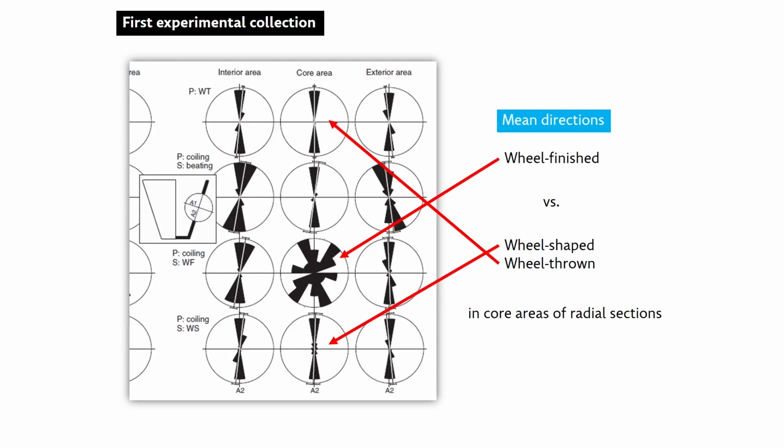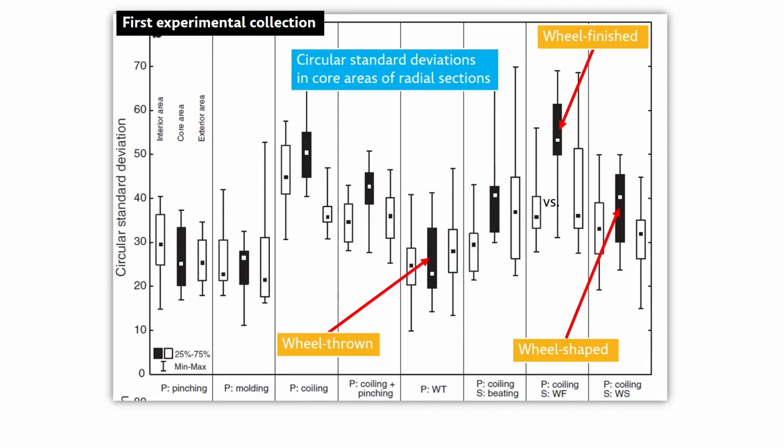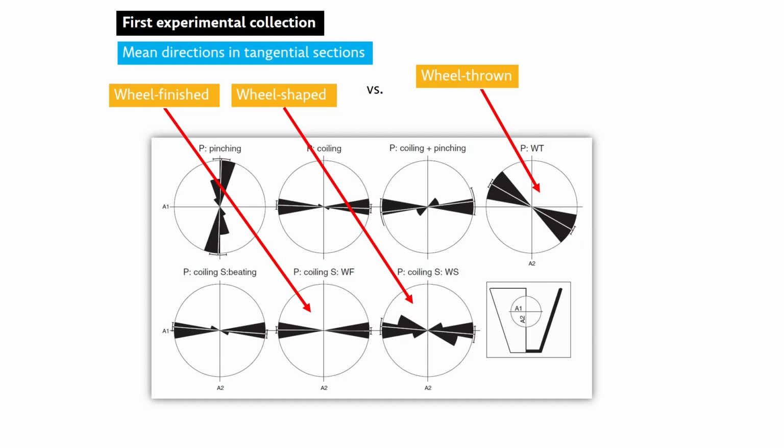For example, in mean direction in core areas of radial sections, as you can see here on this slide, in circular standard deviation in core areas of radial sections, or in mean directions in tangential sections.